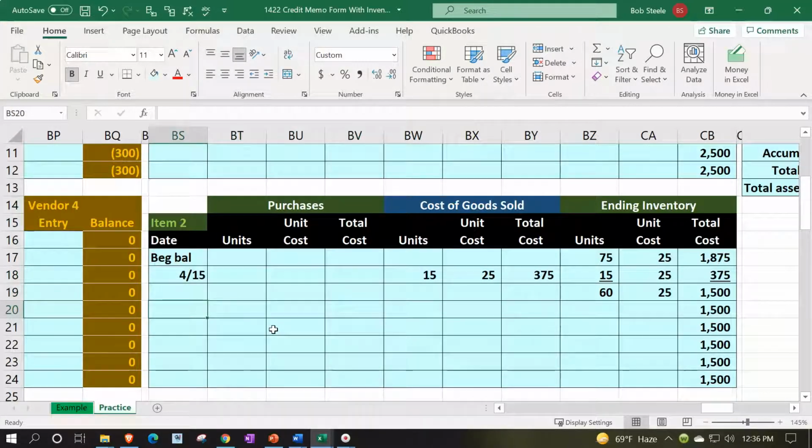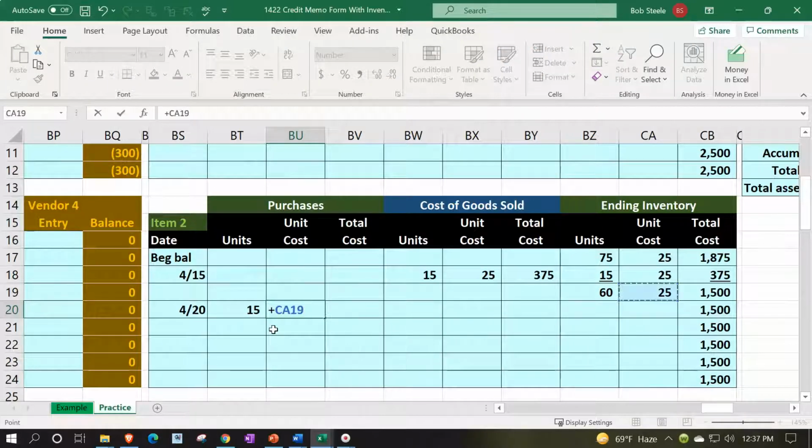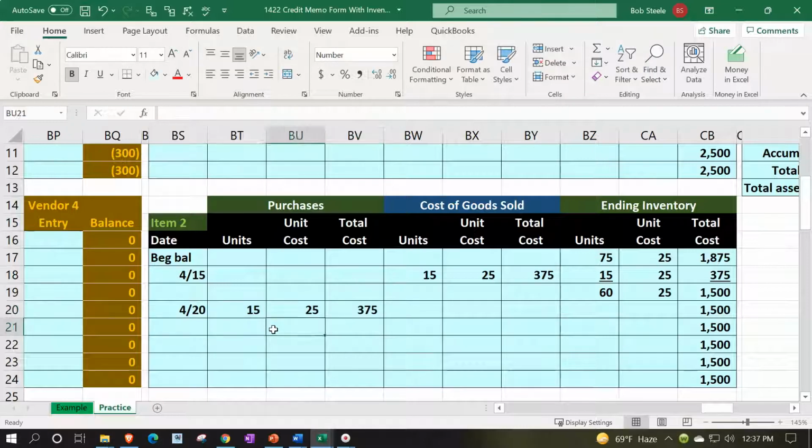So let's put it right here on 4/20. We're going to say now we've got 15 units at 25. So this equals the 15 times 25 that are back. So that's going to be ending inventory 15 units at 25.